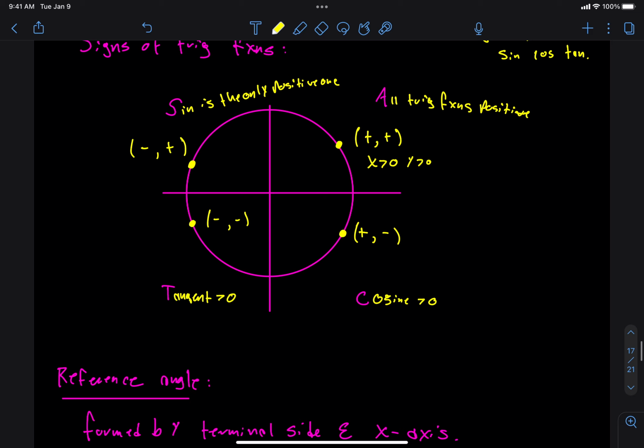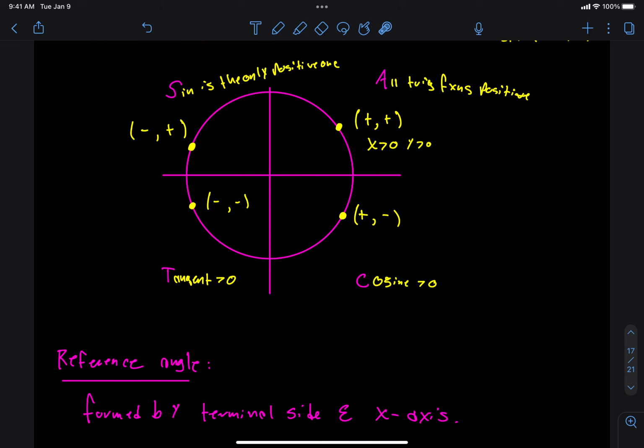So the mnemonic device for remembering this is, okay, so remember the quadrants go 1, 2, 3, and then 4, right? 1, 2, 3, and then 4. So the way we read this is A, S, T, and then C. So A, S, T, C tells you which ones will be positive.